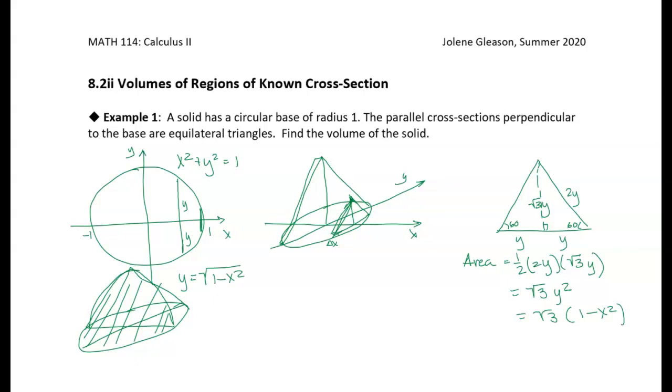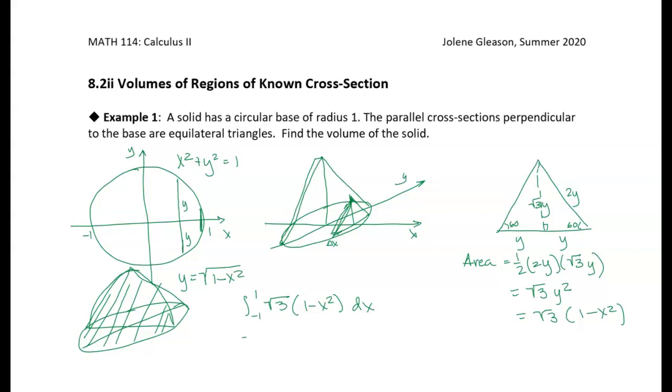All right, so I have the area of each of the triangles as we're going along, and I'm going to want to integrate that. So I'm going to integrate from -1 to 1, square root of 3, 1 minus x squared dx. All right. Now I'm going to actually make this a little simpler.